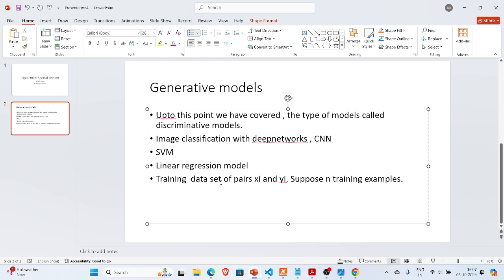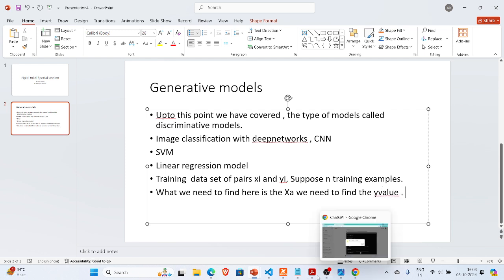What we need to find is, for some new x, suppose xa, the y value.